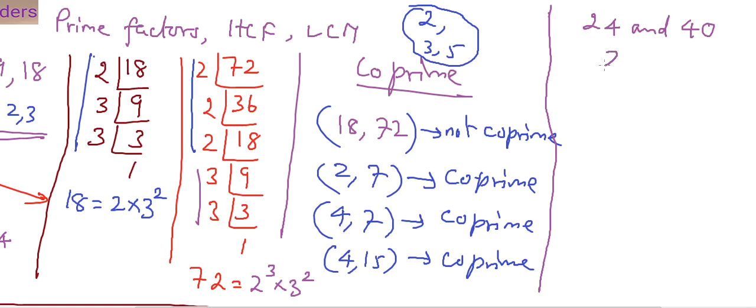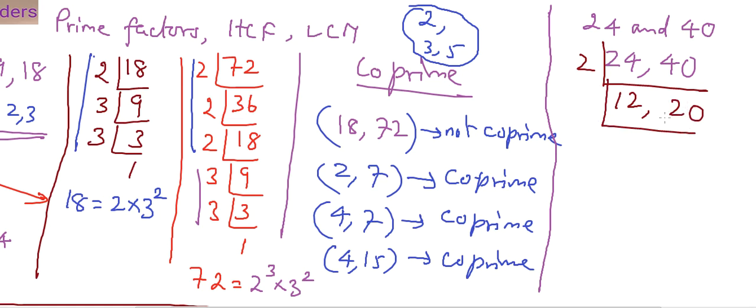Let's divide 24 and 40 by common factors. So what are they? Both are divisible by 2, isn't it? So let's divide by 2, so we get 12. When you divide 40 by 2, we get 20. Still they are divisible by 2. So 6 and 10, they are still divisible by 2.